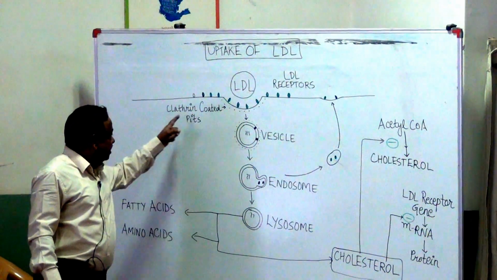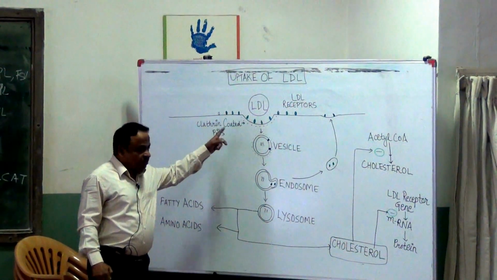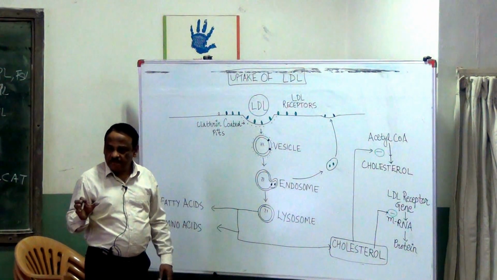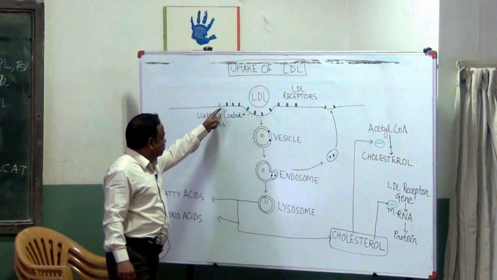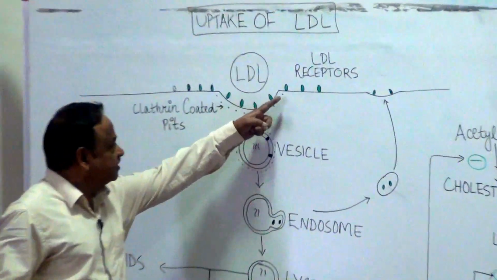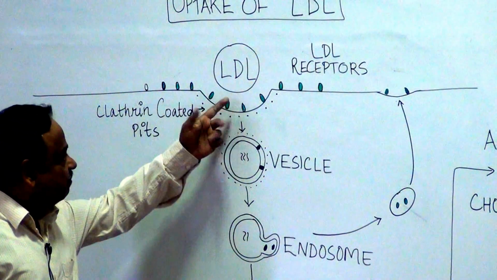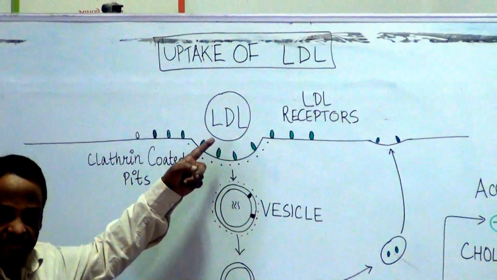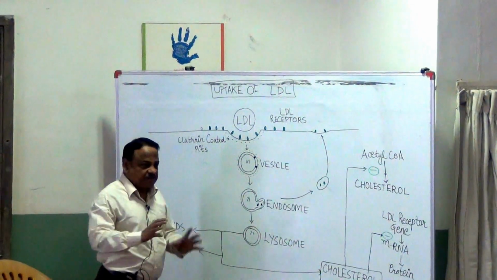They are located in clathrin coated pits. Clathrin is a protein. So the green ones are the receptors. LDL combines with the LDL receptor to form an LDL plus LDL receptor complex.